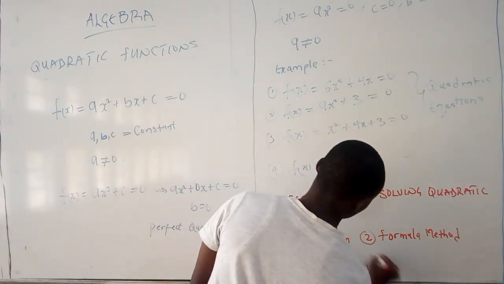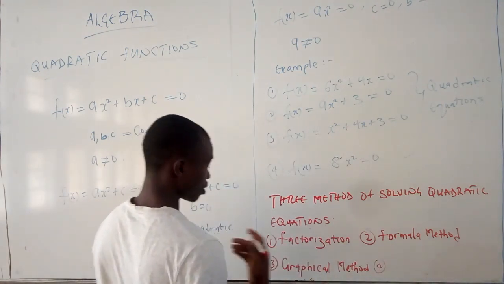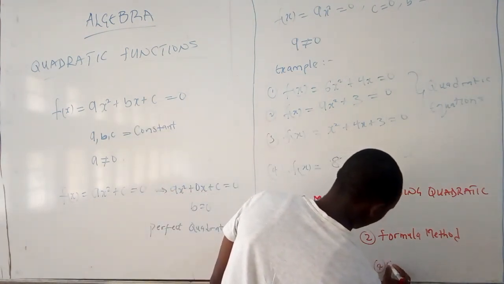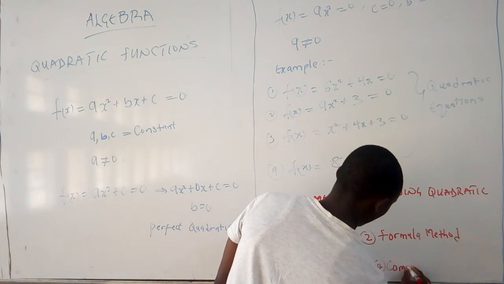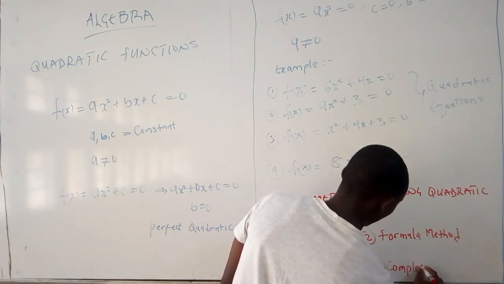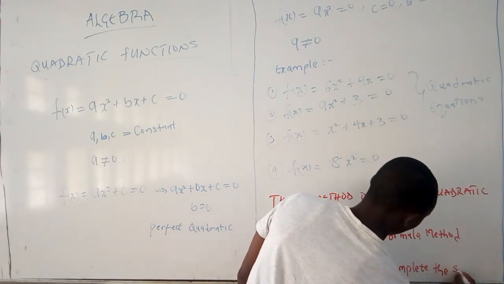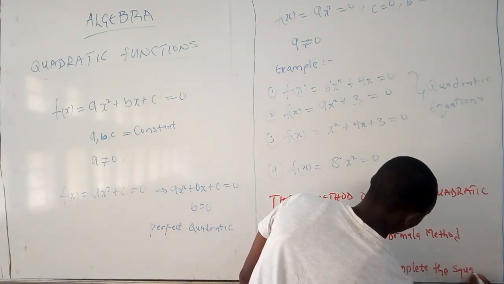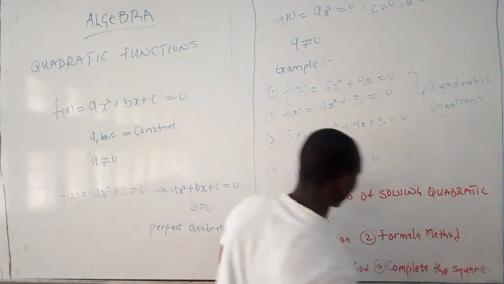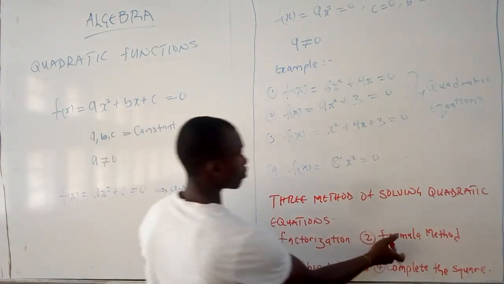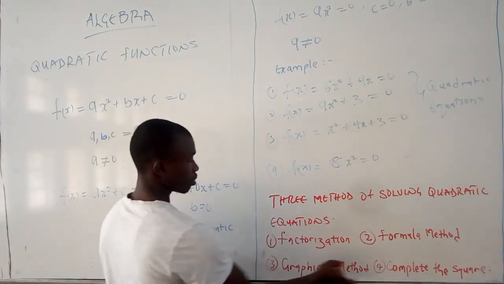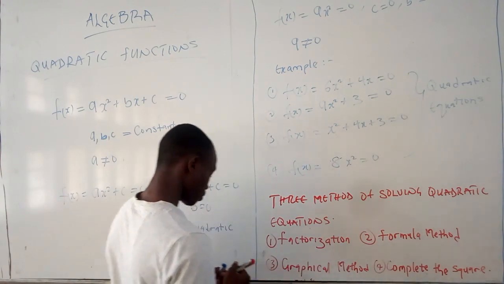Then, as I said, there are four, but we normally use three. The fourth one is completing the square. So we have factorization, formula method, graphical method, and completing the square method.